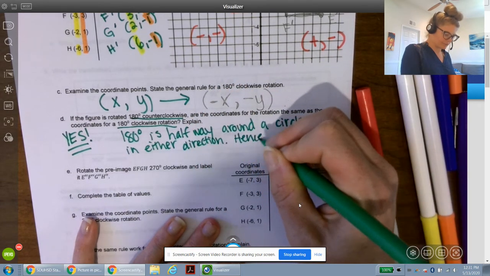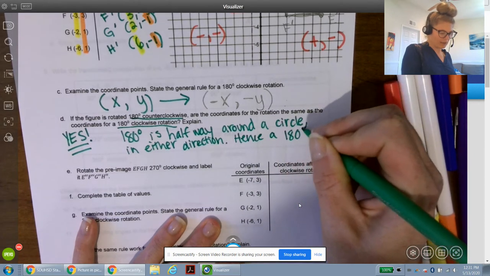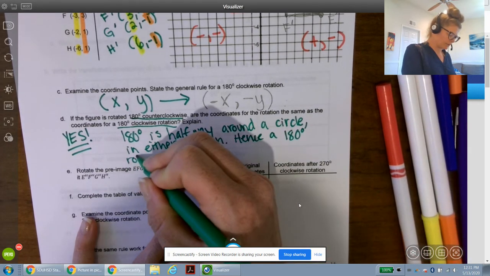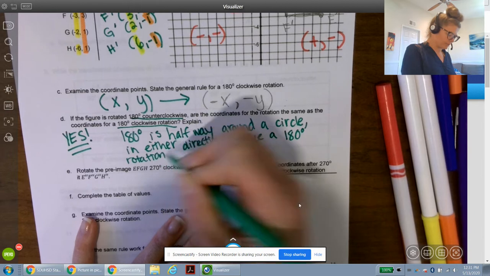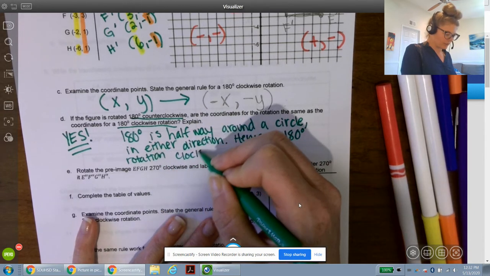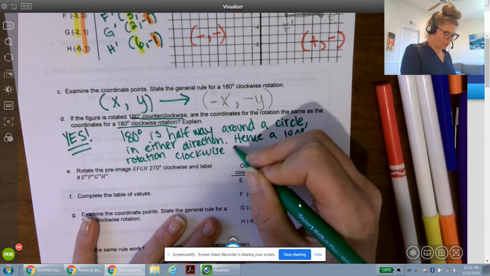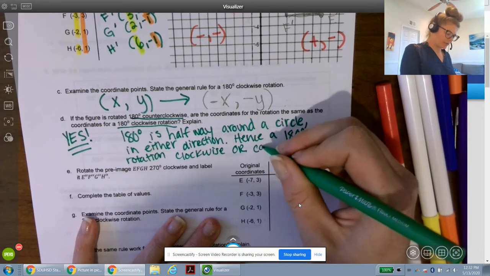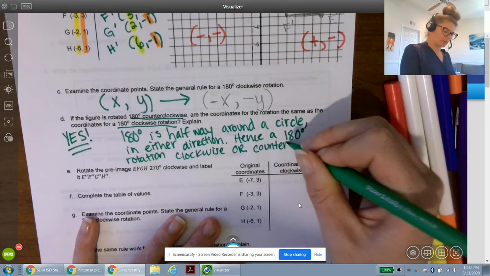Hence, a 180 degree rotation clockwise or counterclockwise. I know, why is it such a long word?